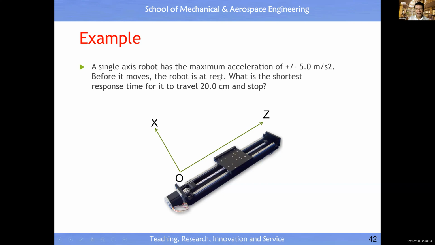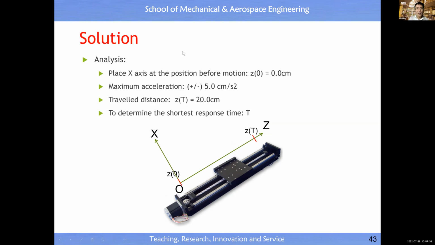So then this joint can produce a maximum acceleration of plus or minus 5 meters per second squared, right? And we want to know how to make this slider travel 20 centimeters within the shortest time, all right? So then based on the question, you come out with some key information.